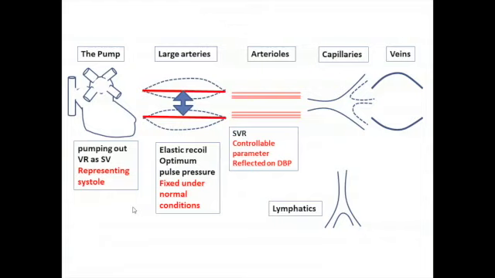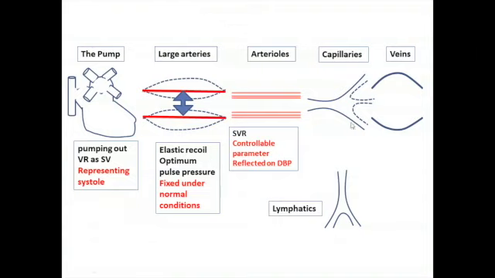And this poor contraction can be due to a weak heart by itself, like cardiomyopathy, or high systemic vascular resistance, where the heart cannot contract to overcome the resistance. This overcoming of the resistance we call afterload. So the heart overcomes the resistance to create the systolic pressure; we call that afterload.